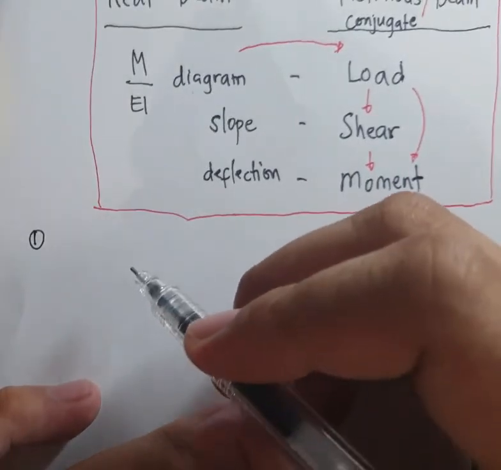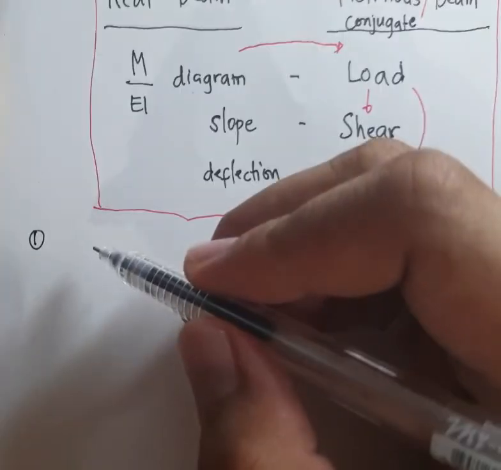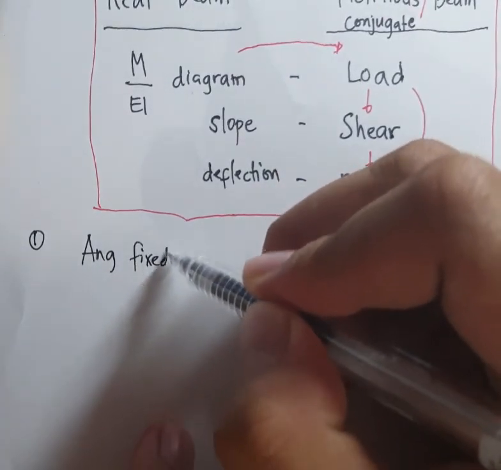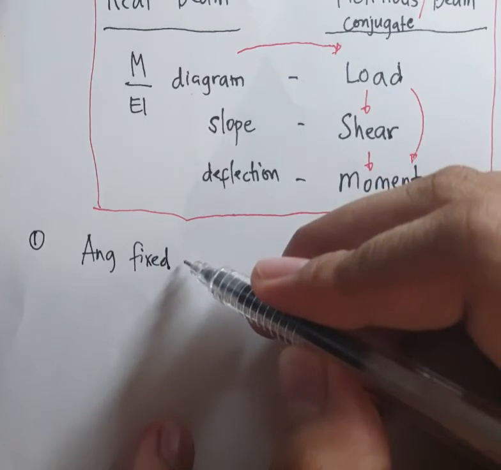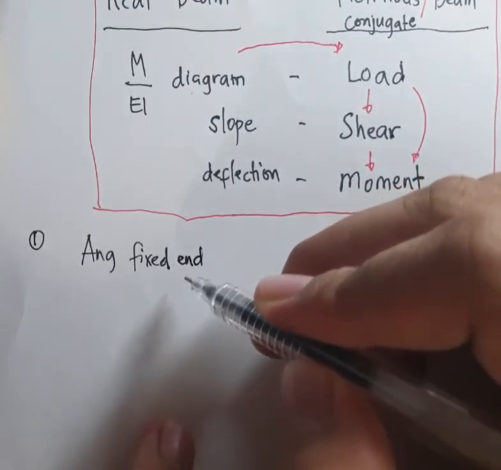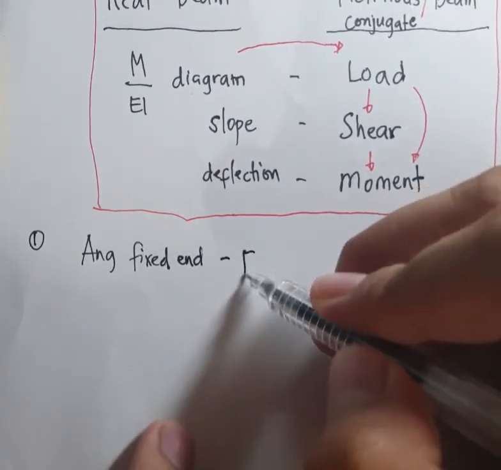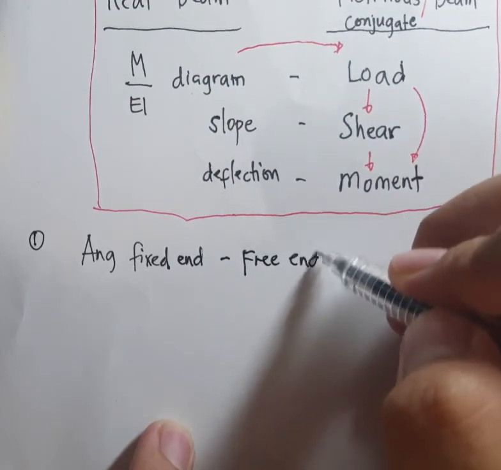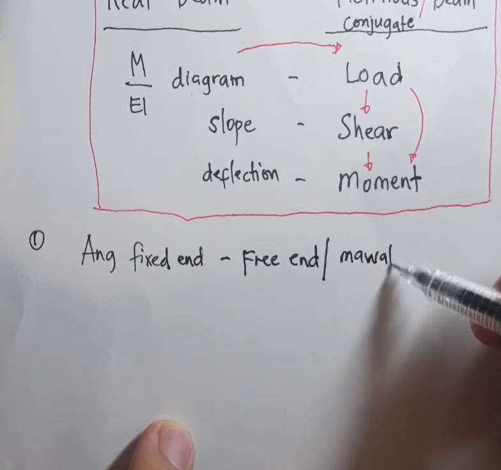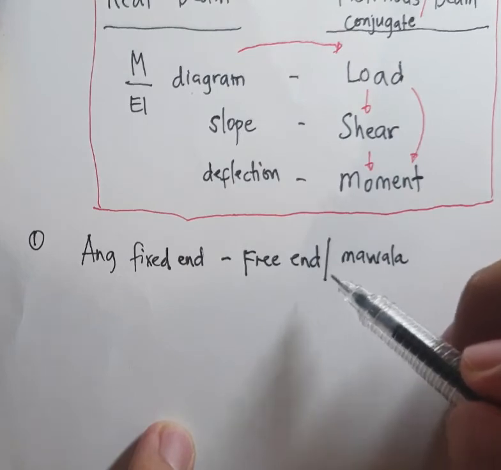Then the next summary is that for number 1, always bear in mind na ang fixed end sa beam, sa real beam, mahimong free end, or let's say the fixed end mawala pag nahimo na siyang conjugate beam.